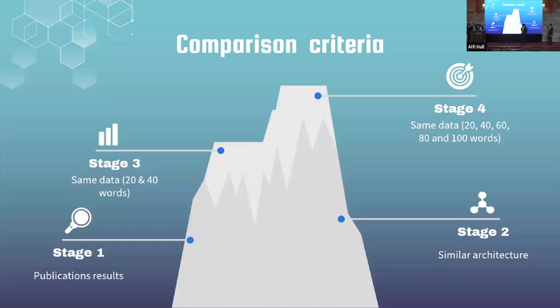For the third stage, we tested our model and other models on our data set, which was mentioned before during the presentation. However, we only tested on 2 levels, 20 words and 40 words. Then for the fourth step, we tested our model and the other models on our whole data set comprising 100 words. We tested on 20, 40, 60, 80, and 100 words. Why we divided testing into multiple stages will be explained later during the presentation.